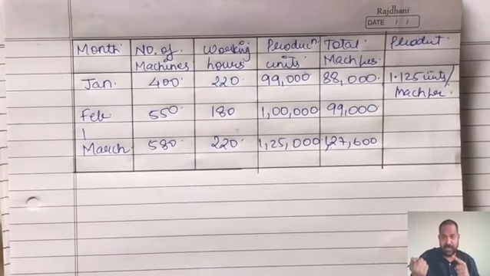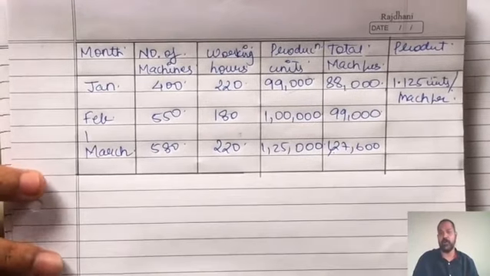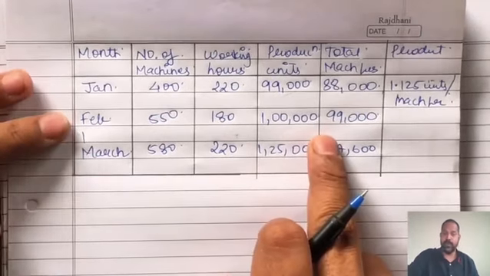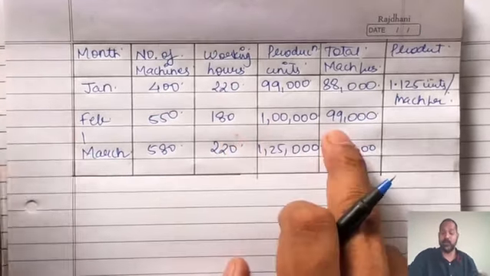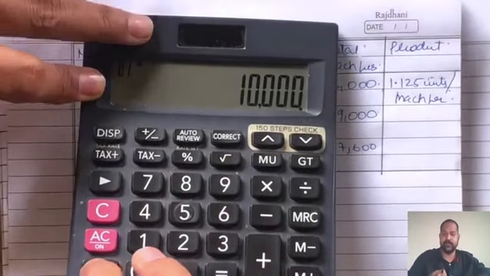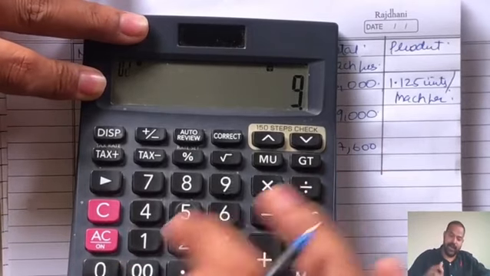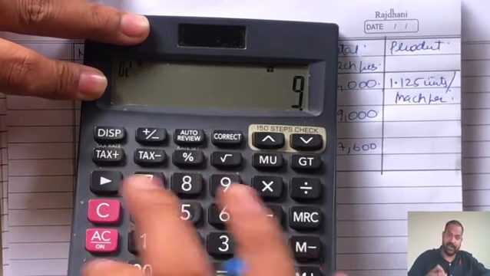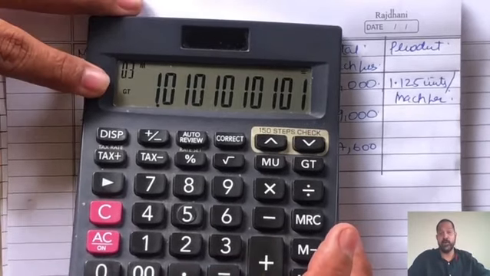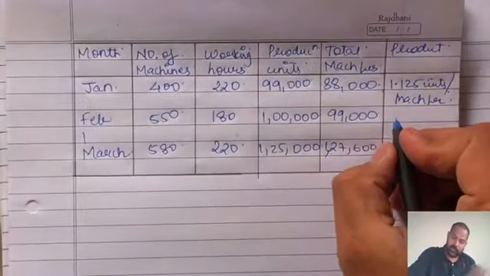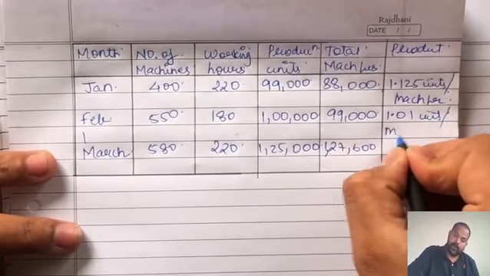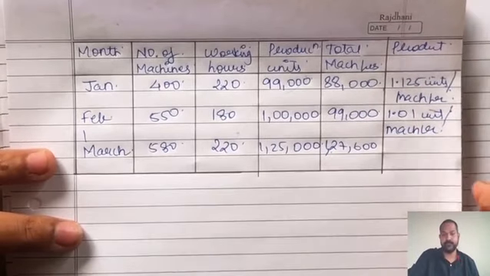Every machine hour that I put in, I get an output of 1.125 units. Let's go to February. I have an output of 1 lakh units for an input of 99,000 machine hours. 1 lakh divided by 99,000 is 1.0101 and so on. So I'm writing it as 1.01 units per machine hour.